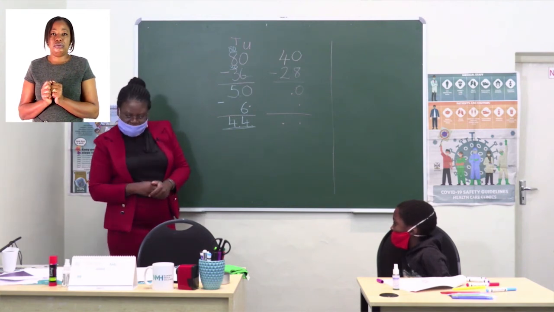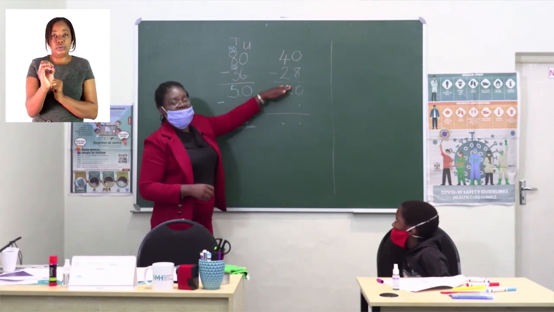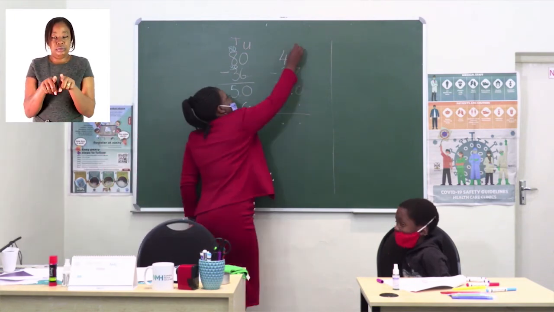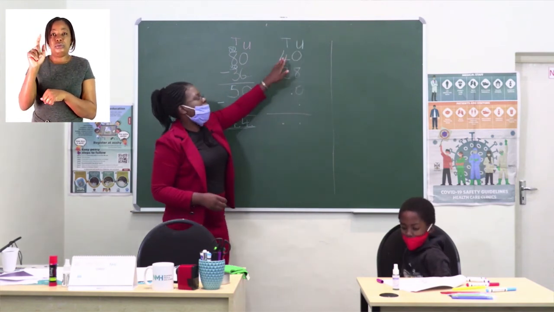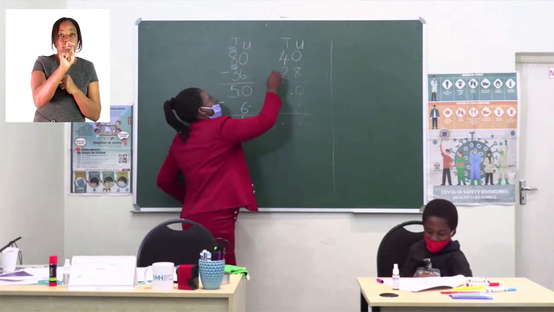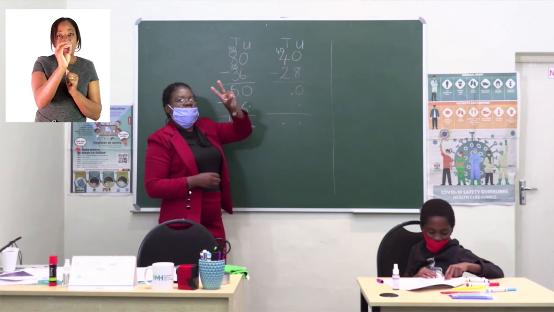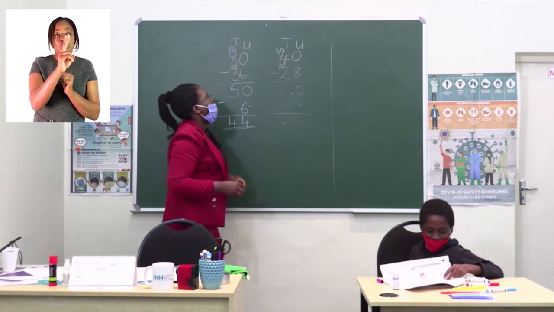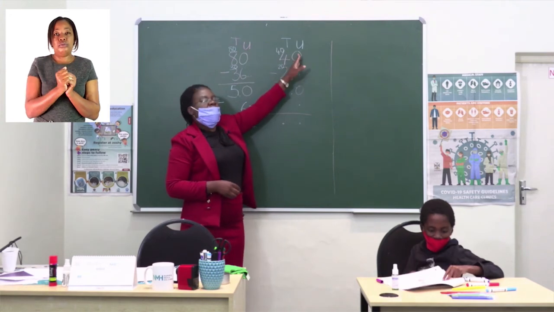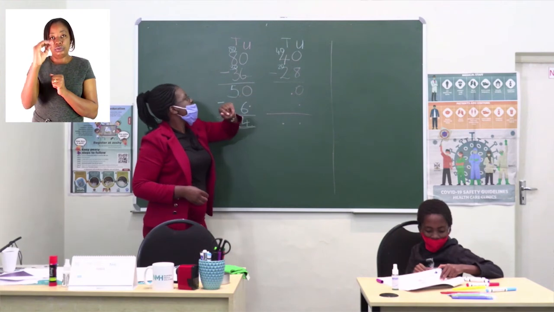Let's try another exercise so that you can do the rest. Okay, in the same way again, units and tens. I have 4 tens. That gives me 40. And I have 2 tens. That gives me 20. And the units there is a 0, and I have an 8 alone on the units.